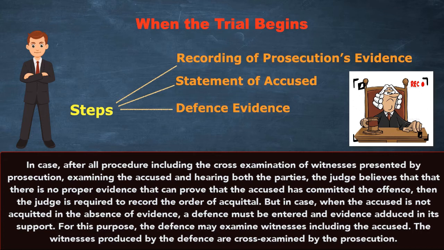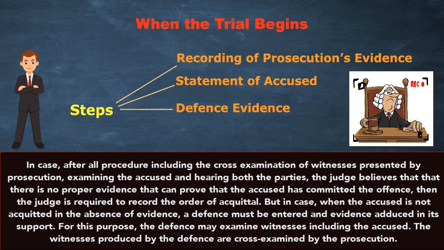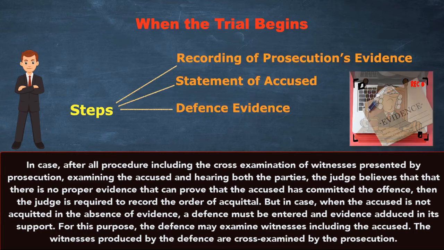But in case the accused is not acquitted, pay attention. If he is acquitted, fine. But if he is not acquitted, in the absence of evidence, a defense must be entered and evidence adduced in its support. For this purpose, the defense may examine witnesses including the accused.